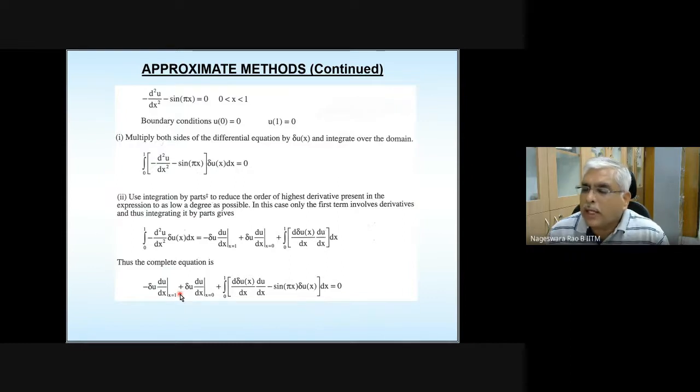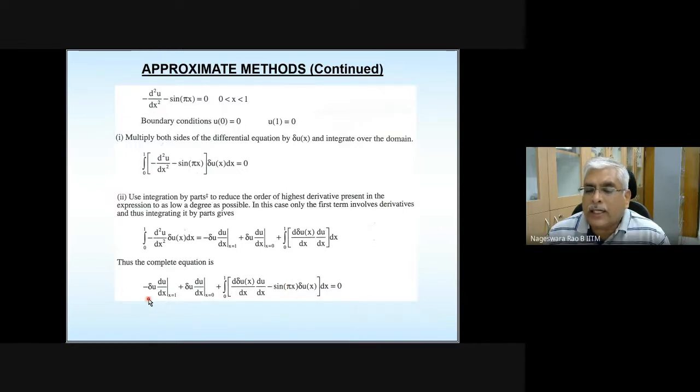Then only we can apply this variational method. Not all problems can be brought into that form, variation of something is equal to 0. So now let's look at this problem and see how to do that.